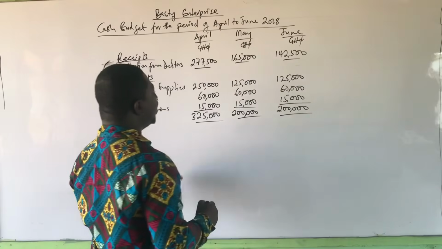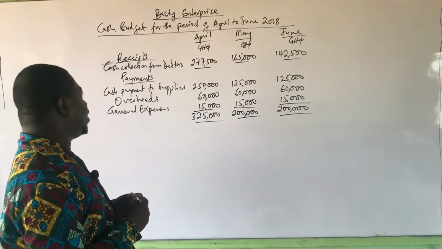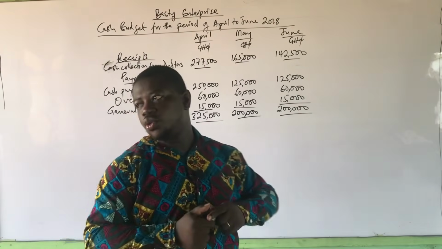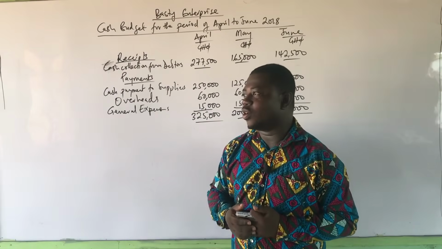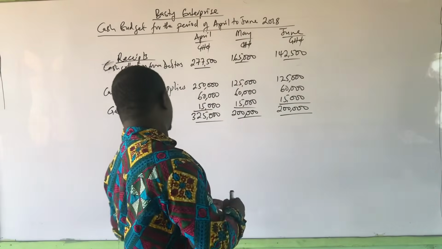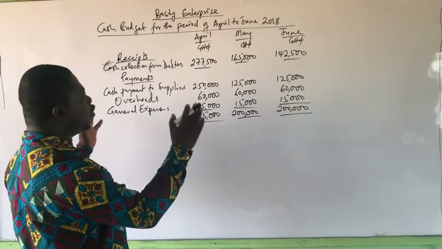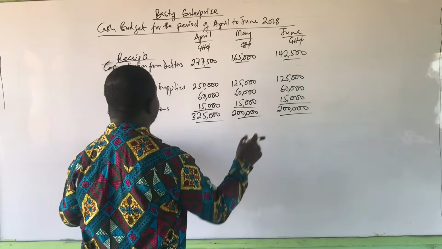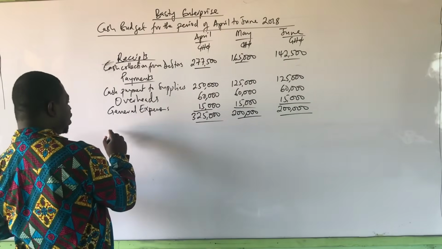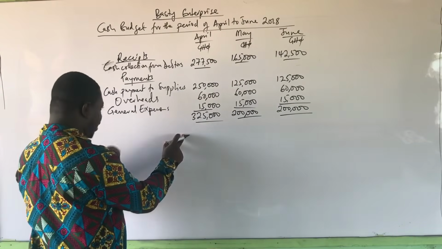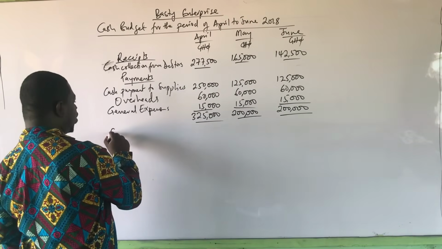It looks like the payments are all more than the receipts. So we are running into a deficit or a negative balance. All right. So now, after getting your total receipt and payment, then you say excess receipts over payment. That is the difference.